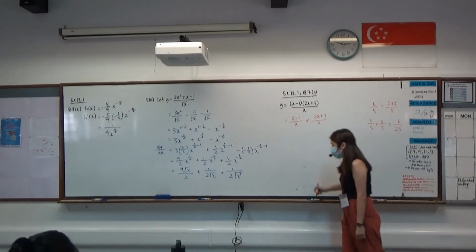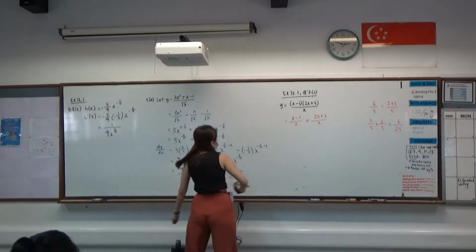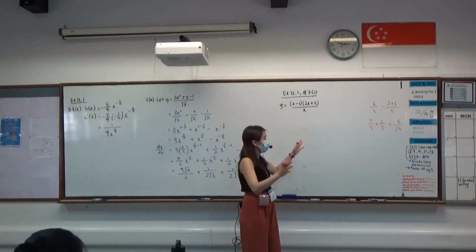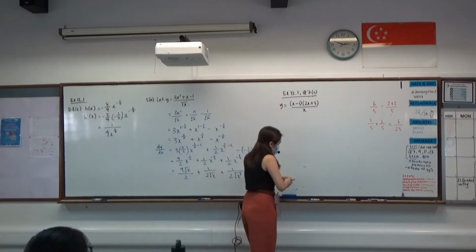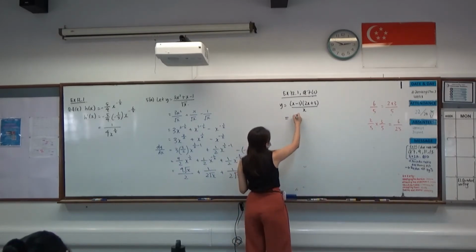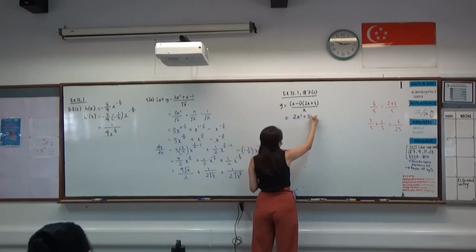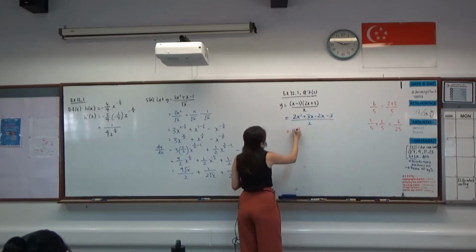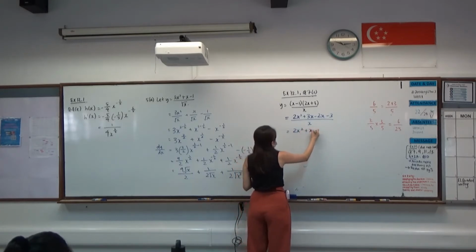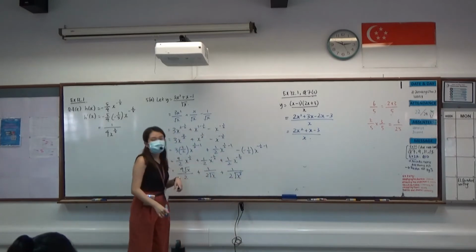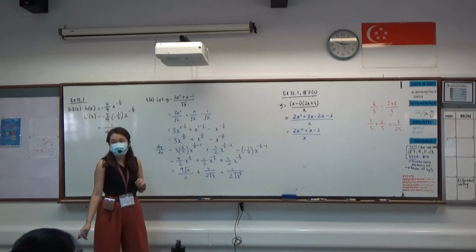So what you needed to do, because you cannot split up the fraction just like how we did in 5A, is to expand the numerator first and get this. So expand the numerator and simplify it.